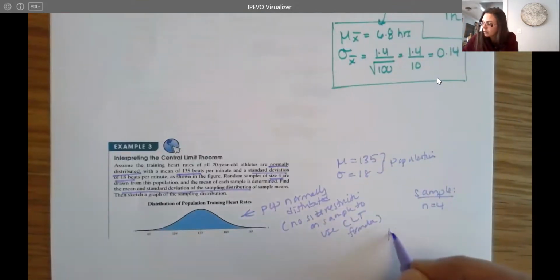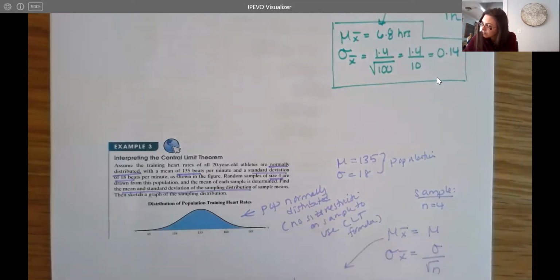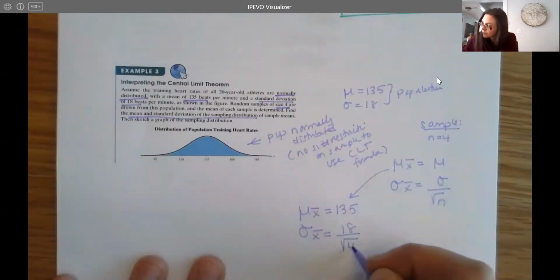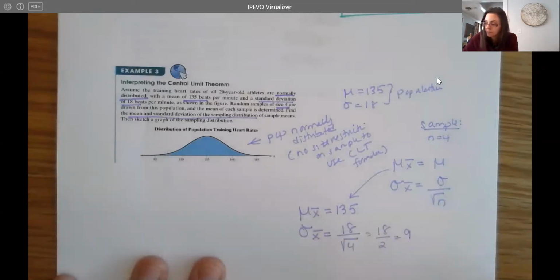My mean for the means is going to be the same as the original, and my standard deviation is going to be the original divided by the square root of n. So the mean of the means is still going to be 135. And the standard deviation of the means is going to be 18 divided by the square root of 4, which is 18 divided by 2, which is 9.